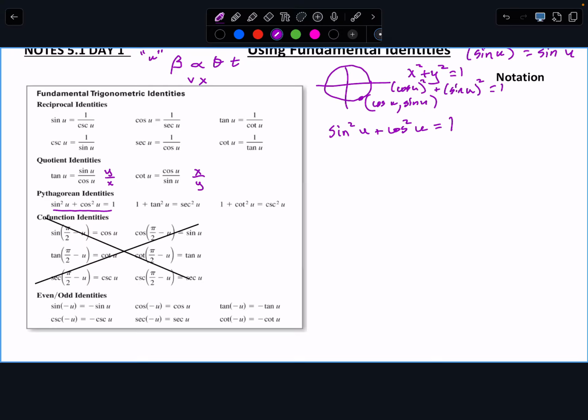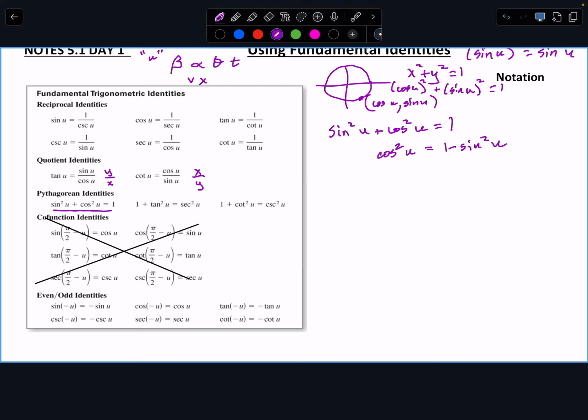And then you need to note some rearrangements of this. Sometimes we try to put everything into the same trig function. So we want to put everything, say, into sine squared. Then any cosine squared, we will replace with 1 minus sine squared. That's just subtracting the sine squared over to the right. It's just making use of structure.